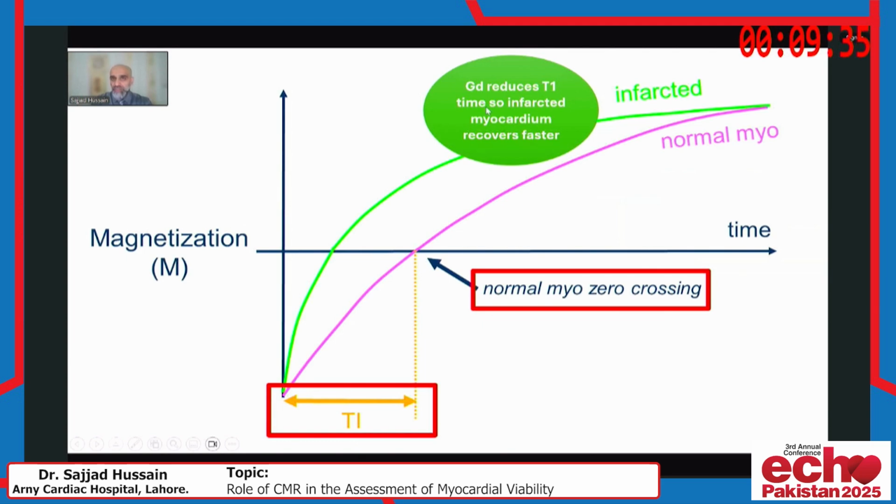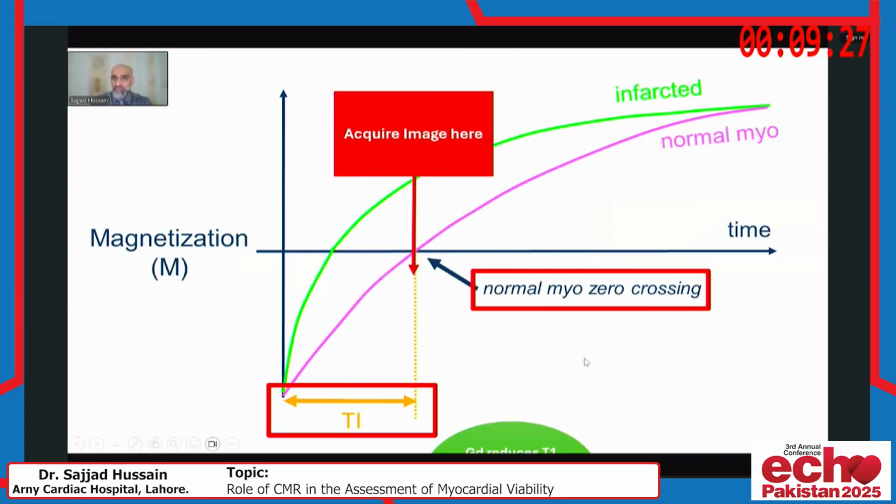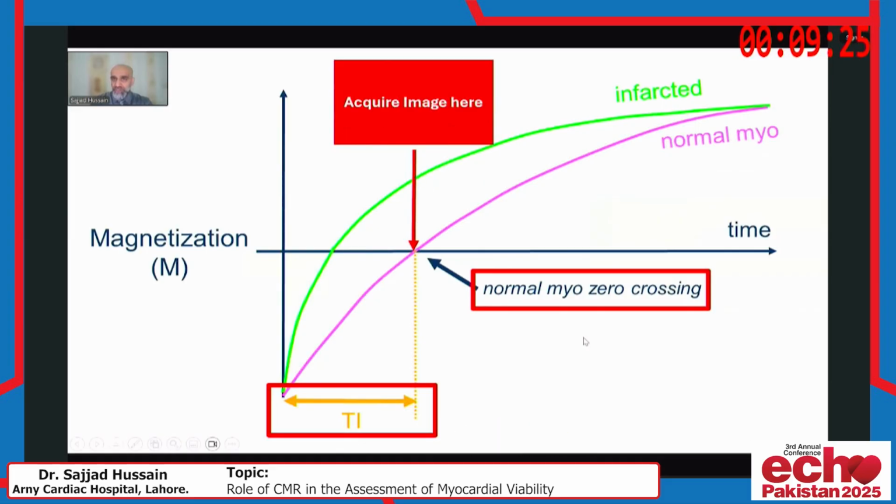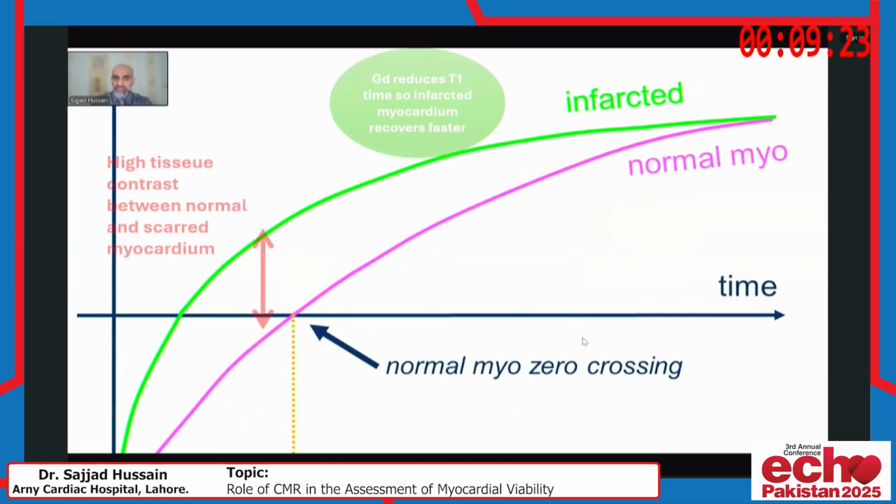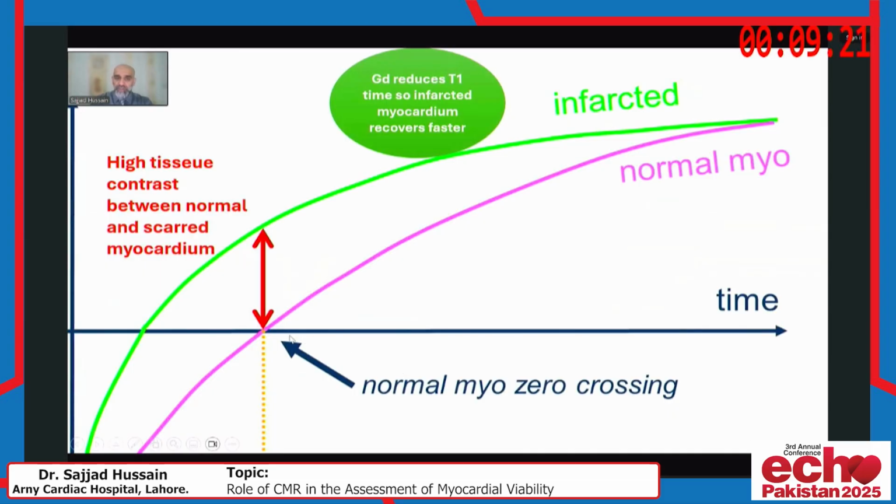Now, if you look at the top, there is an oval bubble that says gadolinium reduces T1 time, which means that when you start to take the image, what we see is this. Normal myocardium is black, but the high gadolinium causes the infarcted myocardium to recover earlier, which means that there is a high tissue contrast between normal and scarred myocardium.